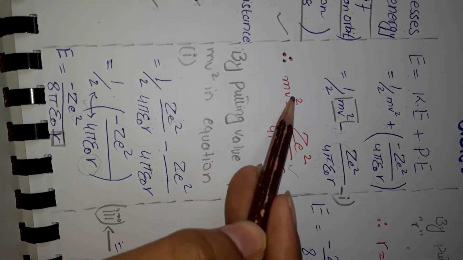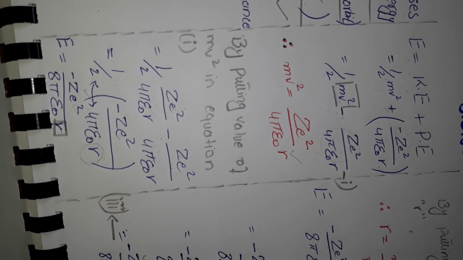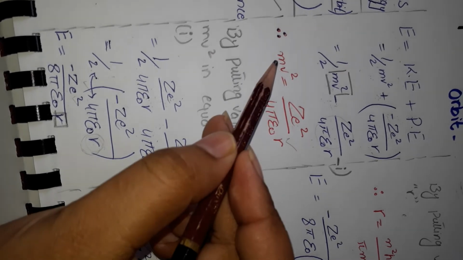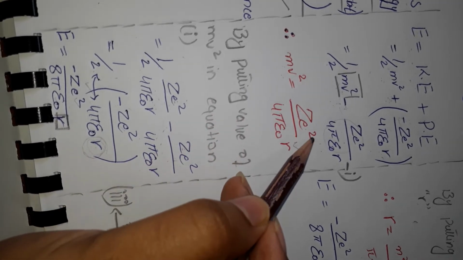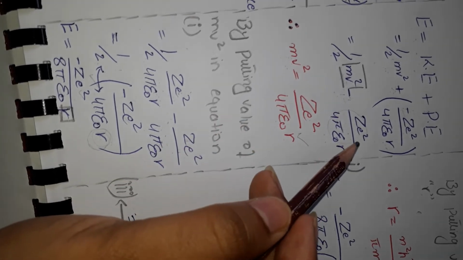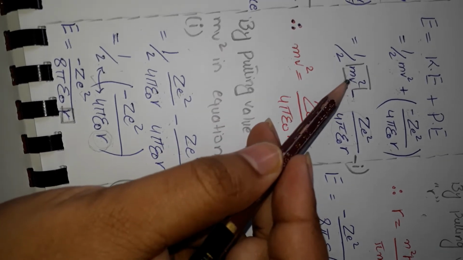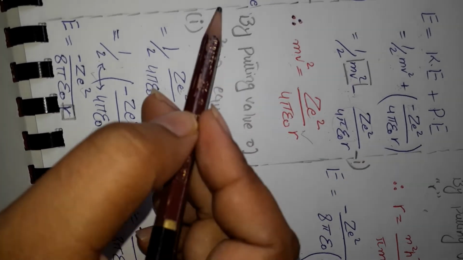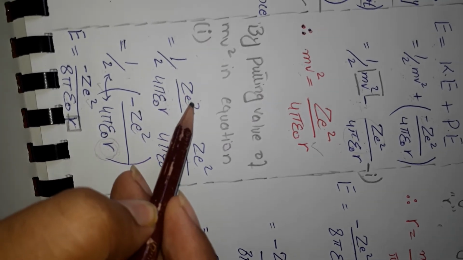The equation of mv square has been derived from the radius calculations that we have discussed before in the previous lecture. So mv square was equal to ZE square divided by 4 pi epsilon naught R. This equation was named as first equation. So by putting mv square value in the equation, we can get half ZE square.